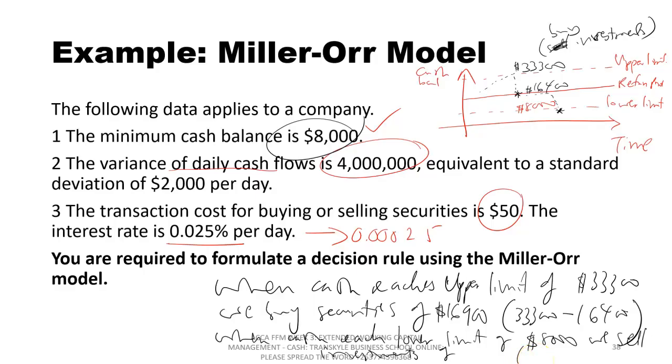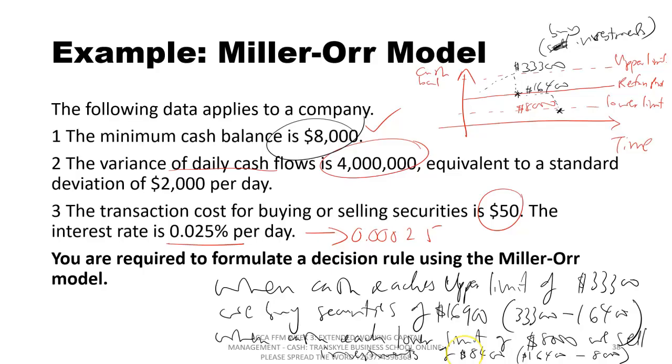We sell investments of $16,400 minus 8,000. Why? Because we want the difference between the return point and the lower limit. So that's 8,400. So we need to sell investments of 8,400.